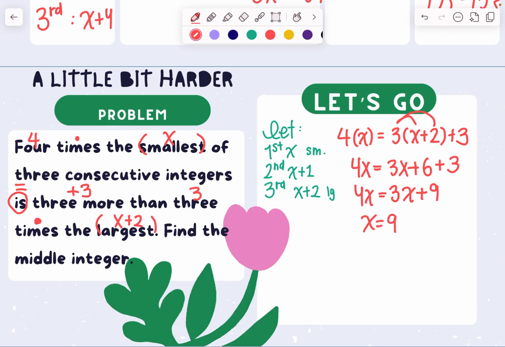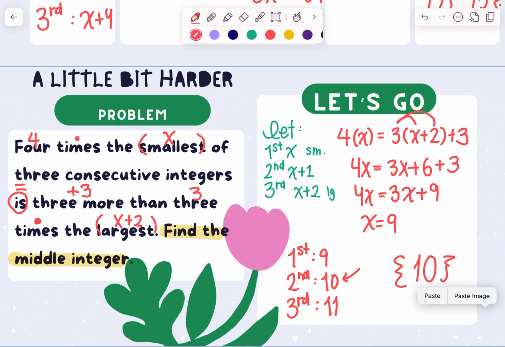Let's assess. Is 9 an integer? Sure is. It's not a decimal or a fraction, so it's good. And so therefore, if I consider this first to be 9, the second will obviously be one more than that, so it'll be 10. And then the third will be 11. The question is asking to find the middle, and so the middle is 10, and our answer is 10.